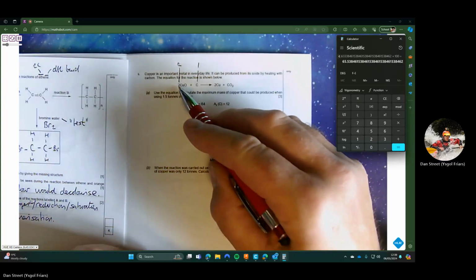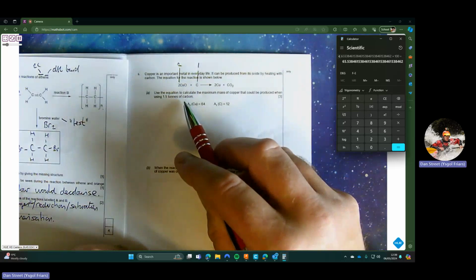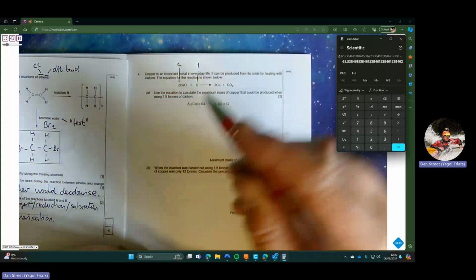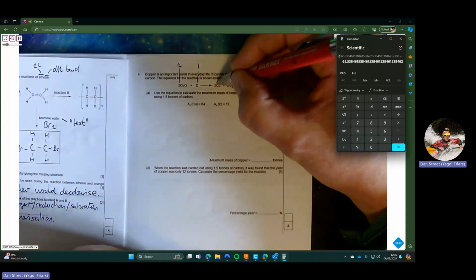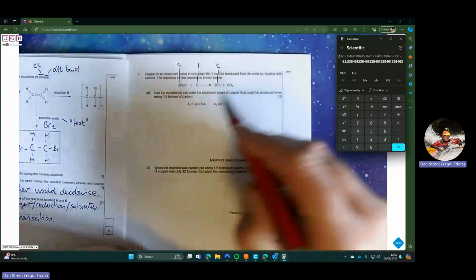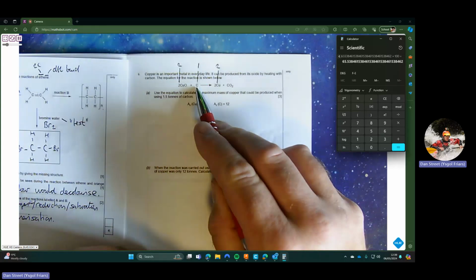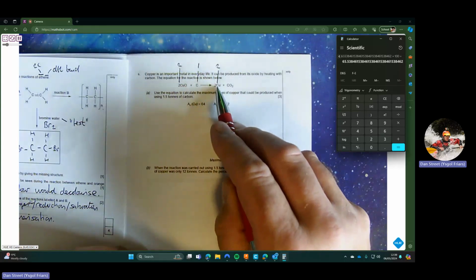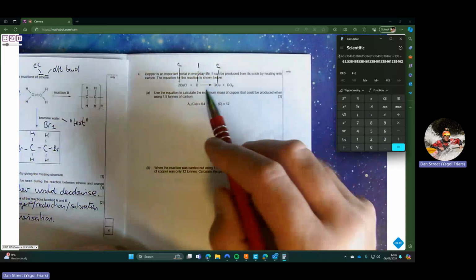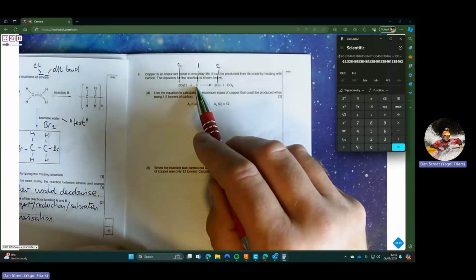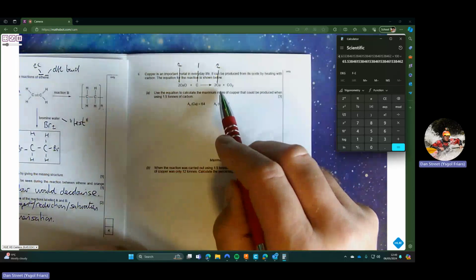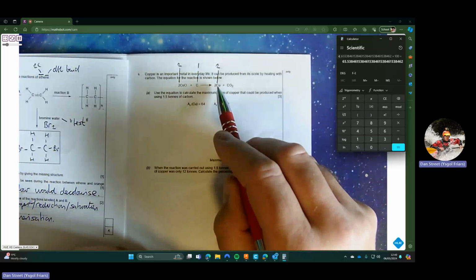And the question, let's just make sure we get this question right. The maximum mass of copper that could be produced, okay. And also we get 2 lots of copper. For every mole of carbon, we get 2 moles of copper. That's the information we need from the equation.